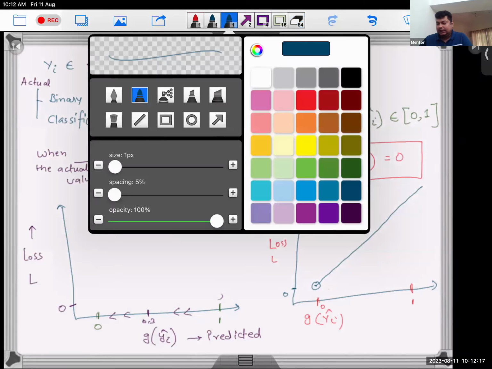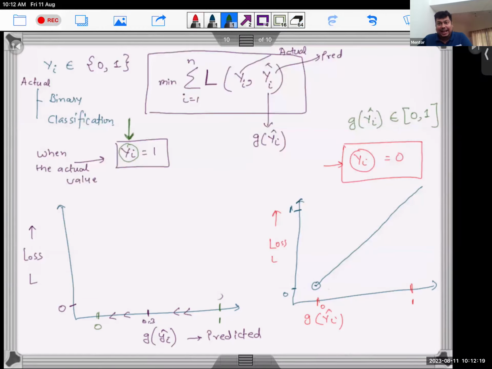Now I'm going to make it parabolic. I'm going to give more penalty if I'm away from the actual value. So this would be like this. And the loss is actually infinity when you reach 0. Don't you think that would be super great? If my model does a very bad prediction, the loss is infinite.